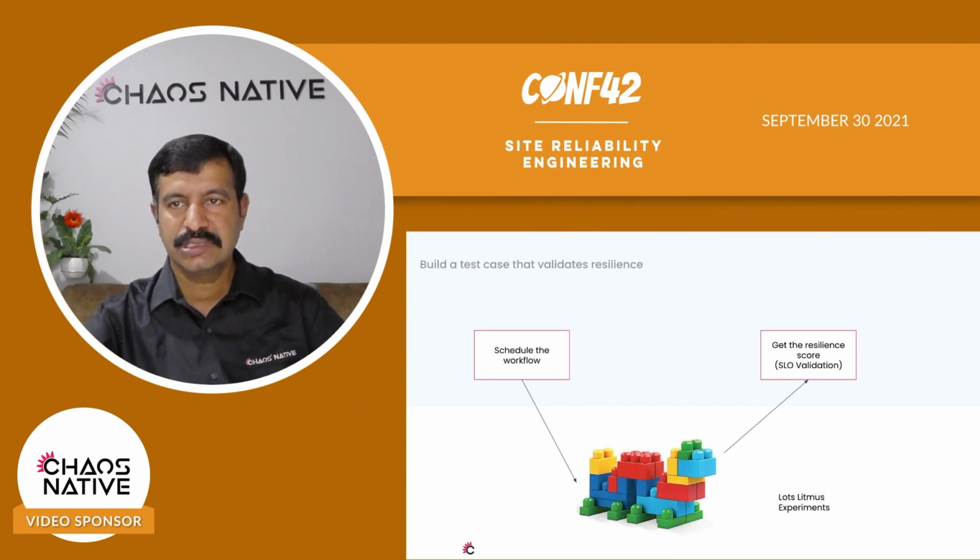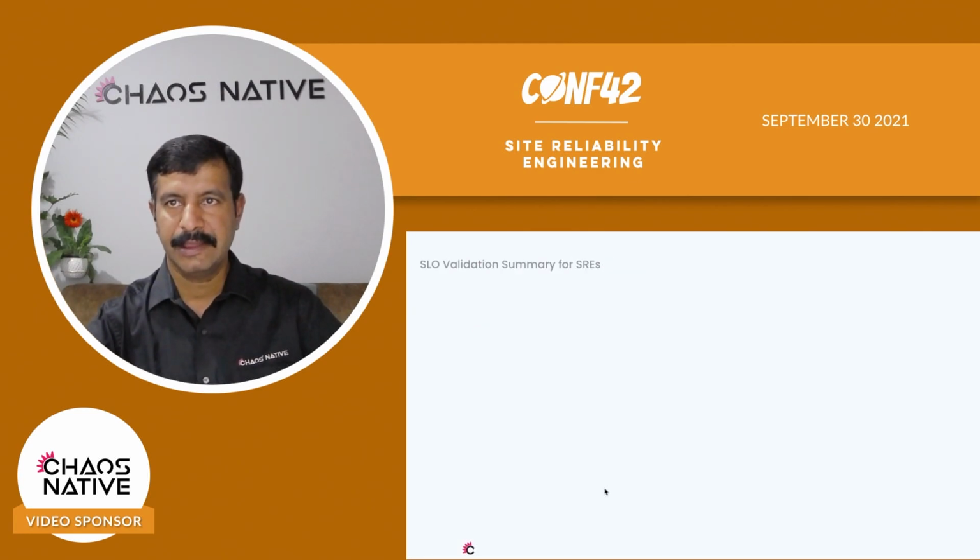And once you schedule that, the steady state hypothesis validation is already built into the workflow, and you just observe the result. If the resilience score provided by the Litmus workflow is good, that means your service is continuing to do fine. Else you have an opportunity to go and fix something, right?